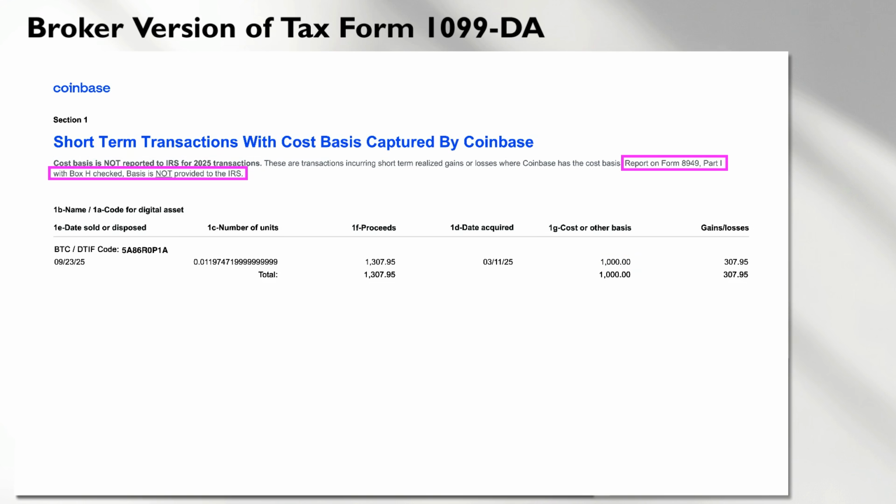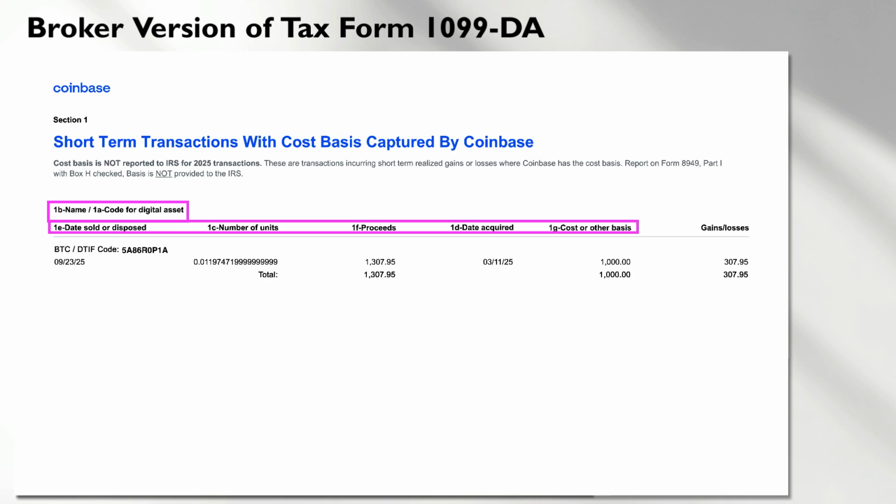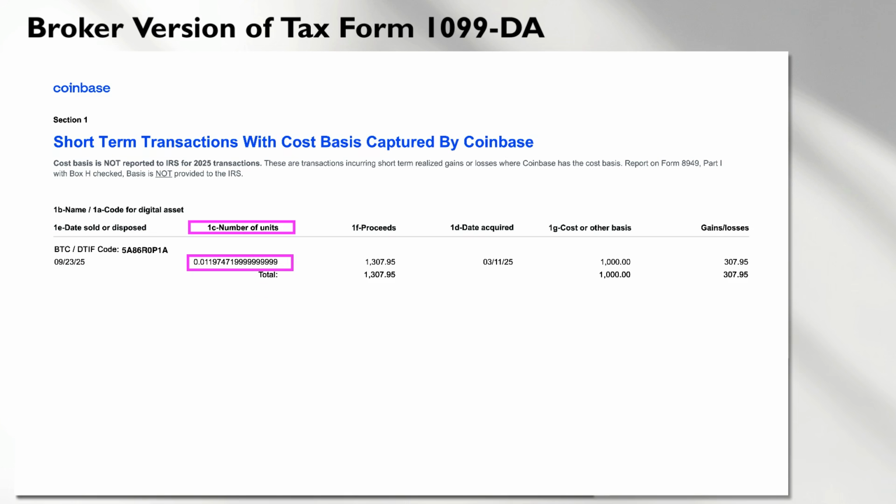The broker 1099-DA form will also indicate which checkbox should be marked on Form 8949. In this example, it would be Box H. You will also see references to the original 1099-DA box numbers, such as Box 1E for date of sale, Box 1C for number of units sold, Box 1F for proceeds, Box 1D for acquisition date, and Box 1G for cost basis.